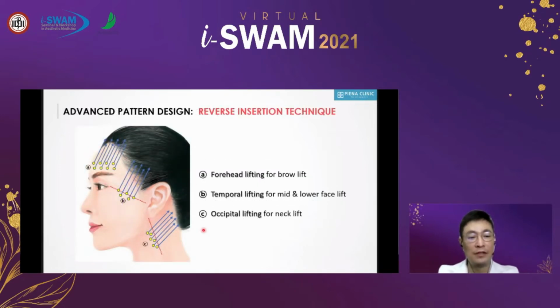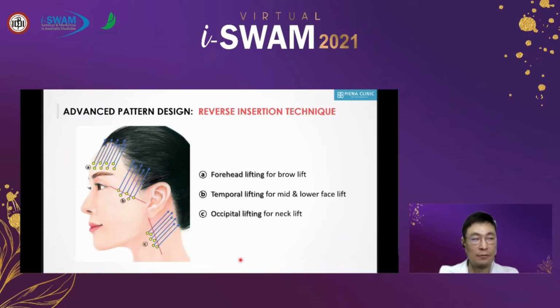The reverse thread insertion technique is a method of inserting the thread in a direction opposite to the usual direction, from the lower part to the upper part, or from the medial part to the lateral part. This technique is useful when the basic method alone lacks lifting effect, or for providing a more definite lifting effect to the patient after a single treatment.